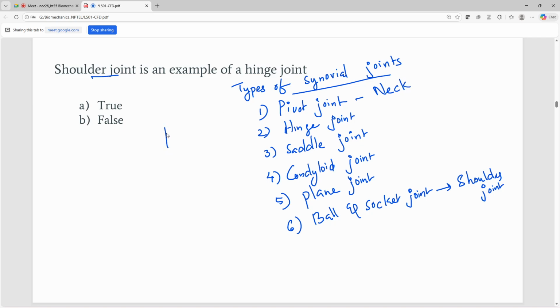Pivot joint simply says if there's one structure, then we can just move around. This kind of motion is possible. Then it is called a pivot joint. So next one, hinge joint. Can you give me an example for hinge joint in the human body?